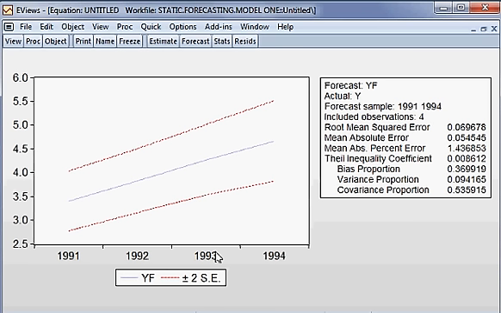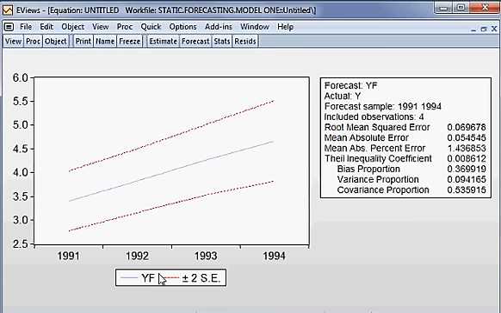So this one is the outcome of our forecasting model. And you can see from here, forecast sample from 1991 to 1994, and Y is the actual, and YF is here.